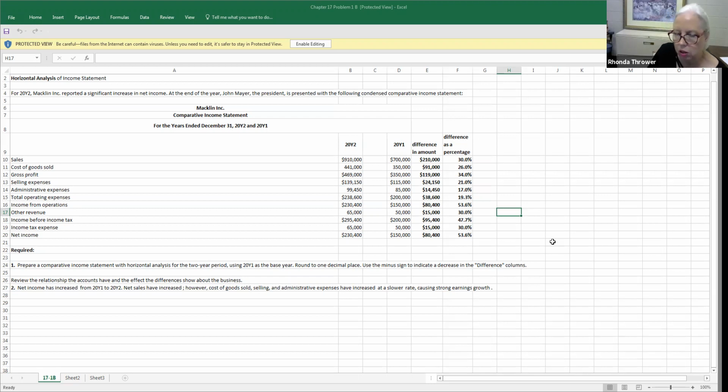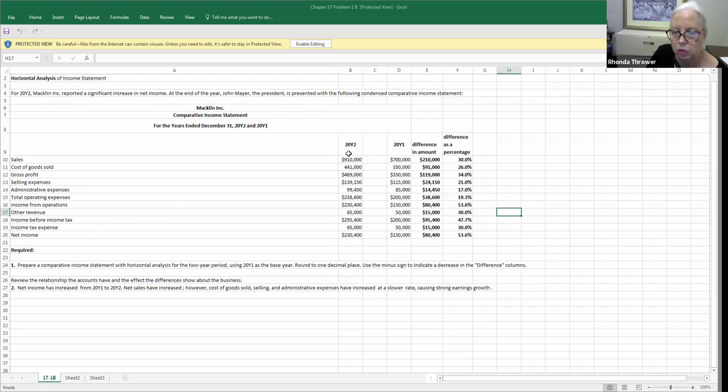So in this particular company, we are going to be the Macklin Incorporated Company, and they have reported a significant increase in income. At the end of the year, John Mayer, the president, is presented with the following condensed comparative income statement amounts. A comparative income statement is just a regular income statement that's prepared for different time periods.